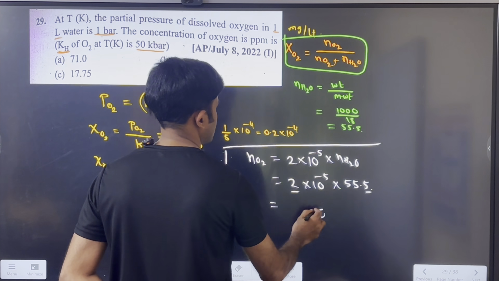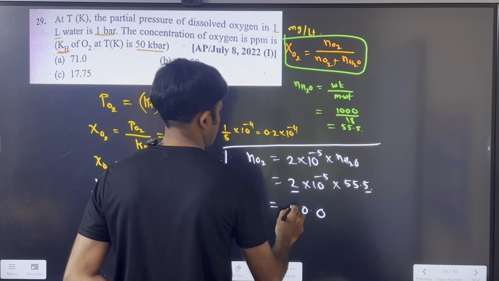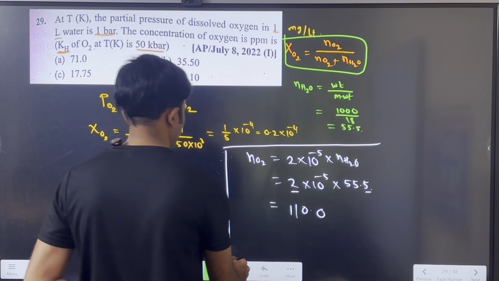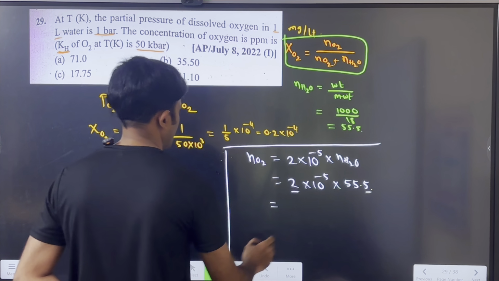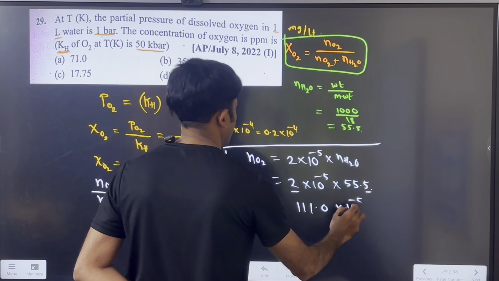This is equal to, how much is it? Triple one, 1.11 into 10 to the power of minus 5.